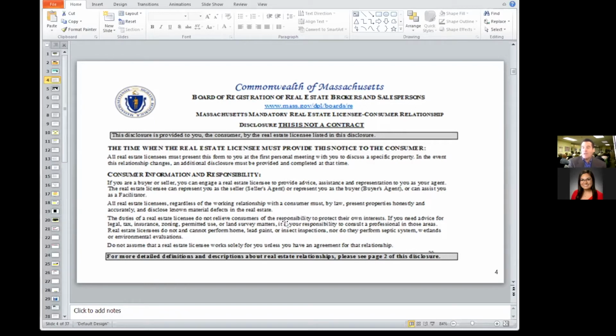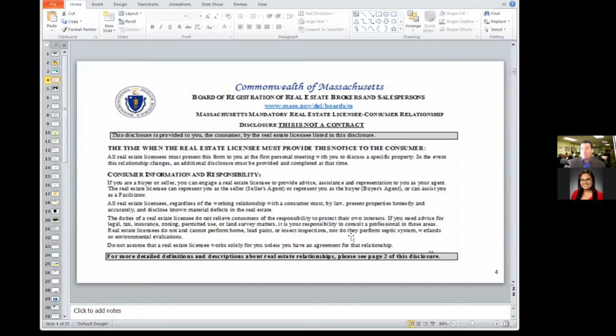Love it. Real estate licensees do not, this is even better, you do not perform home inspections, lead paint inspections, insect inspections, nor do you perform septic inspections, wetland, or any environmental evaluations. This is huge. When I bring this paragraph up in my agency class, there are many agents who never read it or remember reading it.